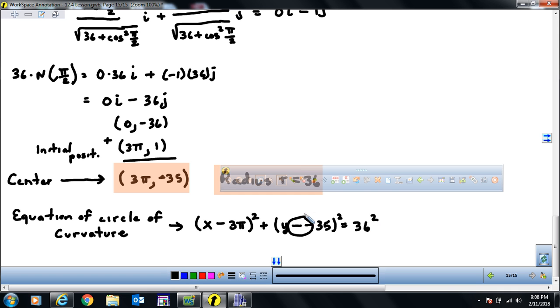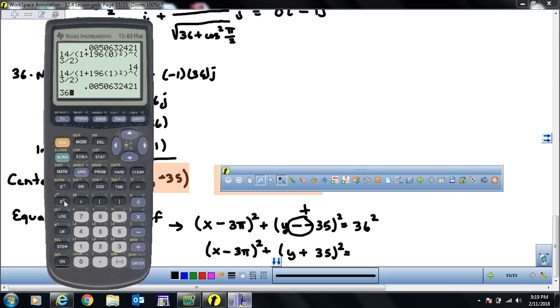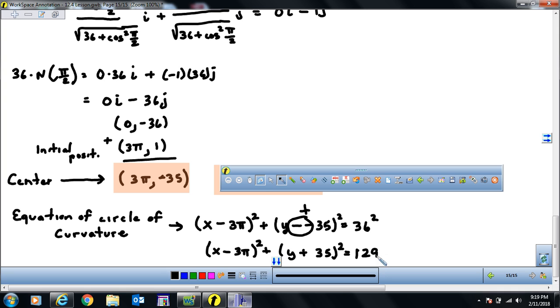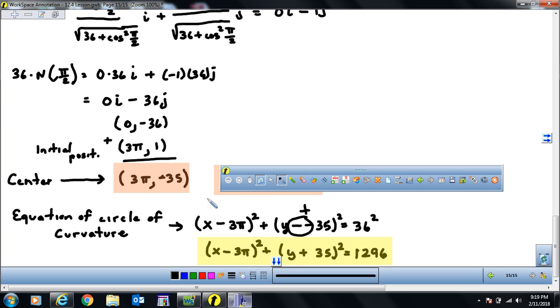This is going to change to a plus, so my equation is going to be x minus 3 pi squared plus y plus 35 squared equals 36 squared, which gives us 1296. And this is the equation of the circle of curvature. It is located at this center, 3 pi comma negative 35, and it has a radius of 36.